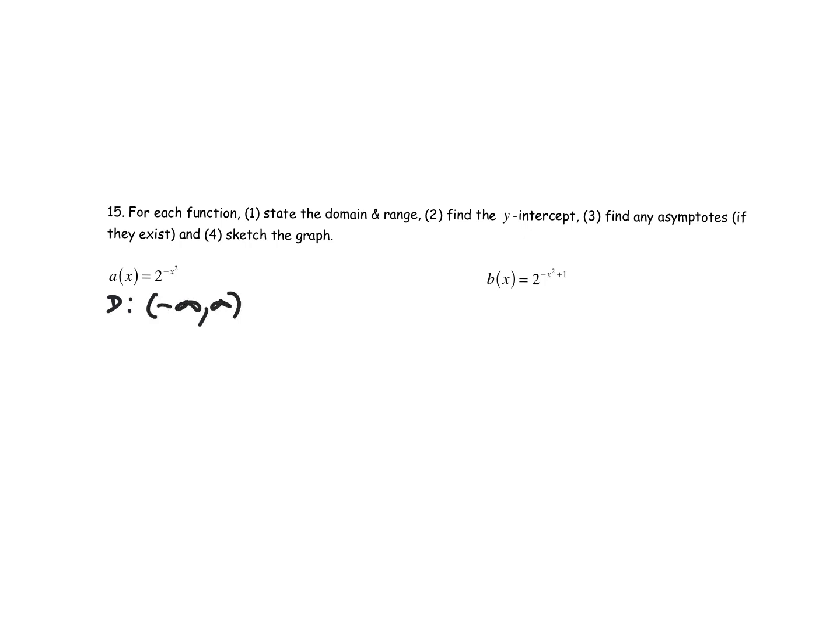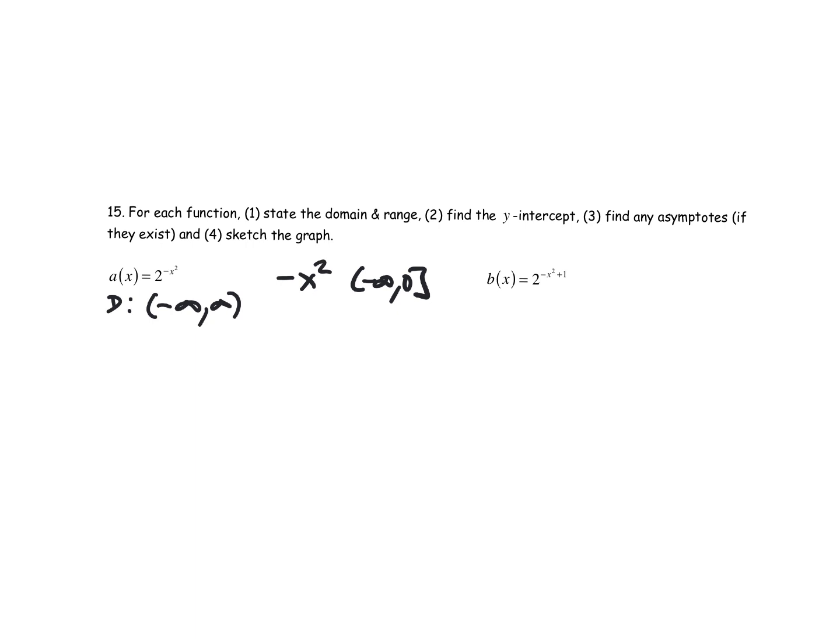But then when I think about the range, I think about, all right, what is changing? What has the variable in it? Well, it's the exponent. And so if I think about the range of negative x squared, it's a parabola that opens down, so it's negative infinity to 0. So then I put that with the exponential piece.